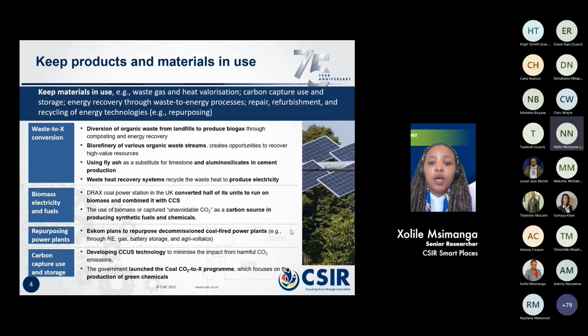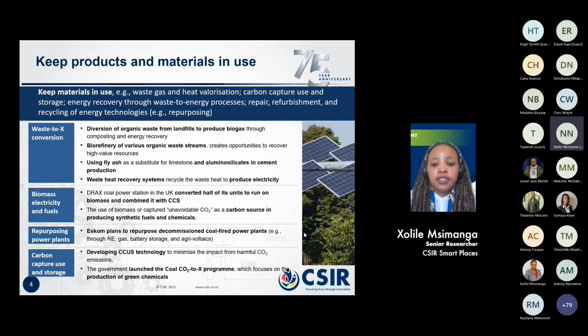For example, Veolia in Poland. Waste heat recovery systems can also recycle the waste heat from processes back to produce electricity. For example, Anglo Platinum's 5 megawatt plant at its waterfall smelter complex in Rustenburg makes use of this.